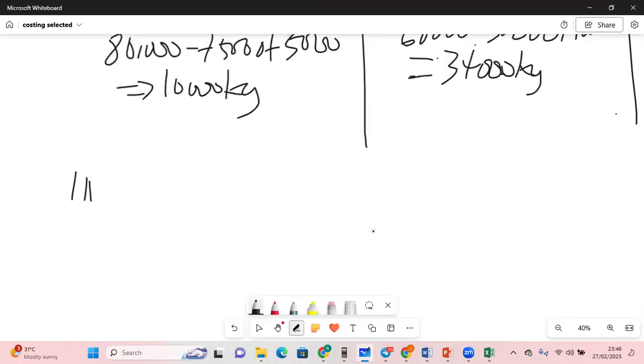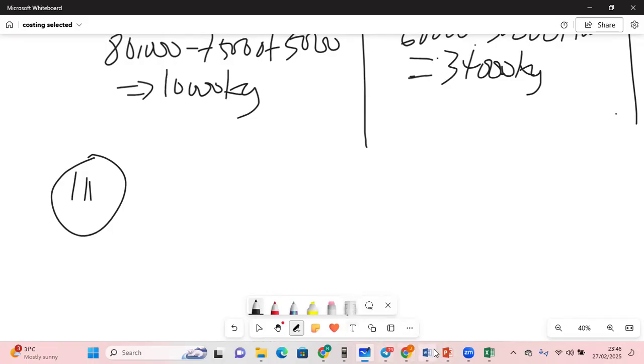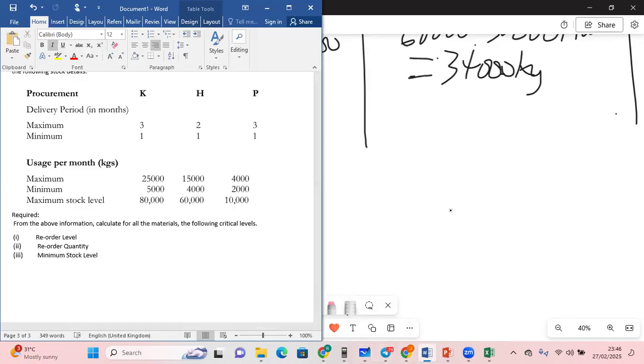We go to the third. So the third is telling us to do what? The minimum stock level.